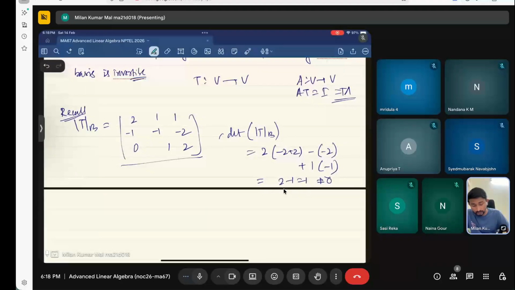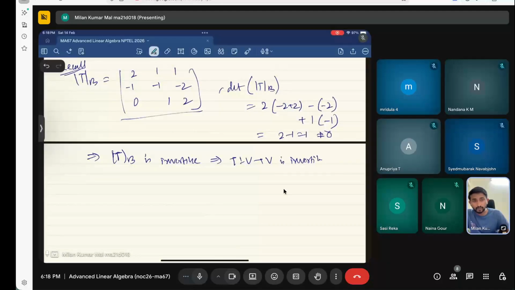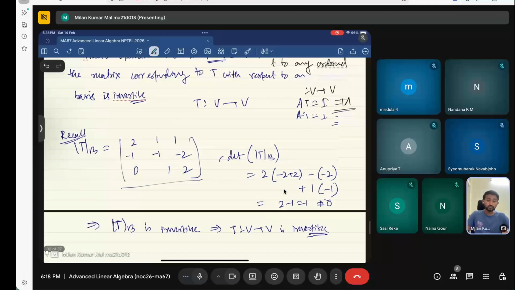Therefore T as a matrix is invertible, which implies T as an operator is invertible. But what does the option state? The option states T is not invertible. So that's why this option is also incorrect.